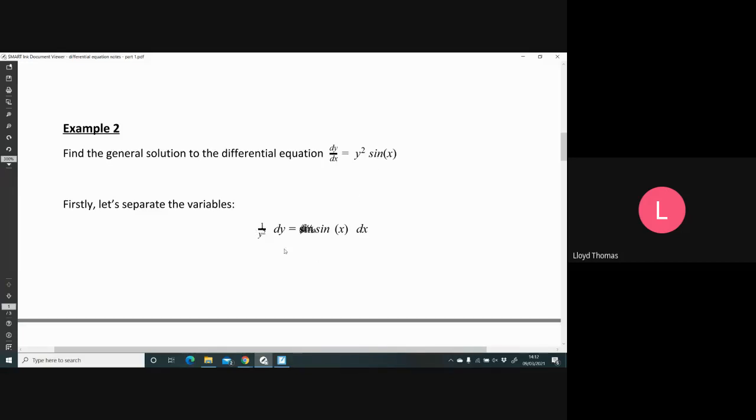So what we want is all our y's on one side with a dy on the end, all the x's on the other side with a dx on the end. And the next step is going to be integrate everything. Yep, integrate everything, left and right.